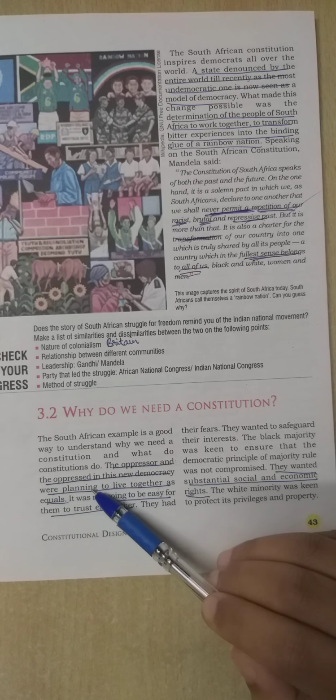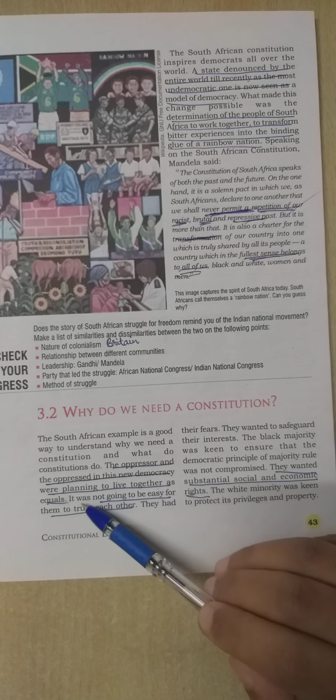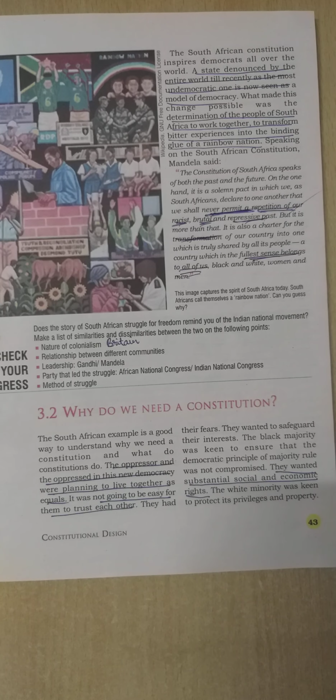The oppressor and the oppressed in this new democracy were planning to live together as equals. It was not going to be easy for them to trust each other. They had their fears. They wanted to safeguard their interests. The black majority were keen to ensure that the democratic principle of majority rule was not compromised. They wanted substantial social and economic rights. The white minority were keen to protect its privileges and property.